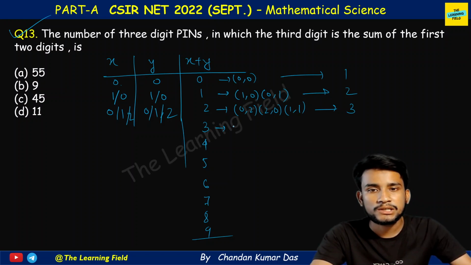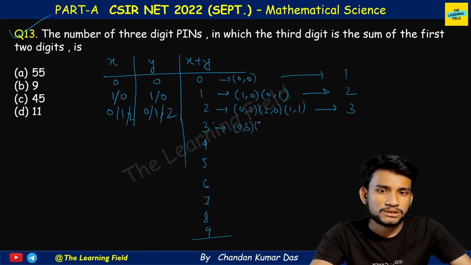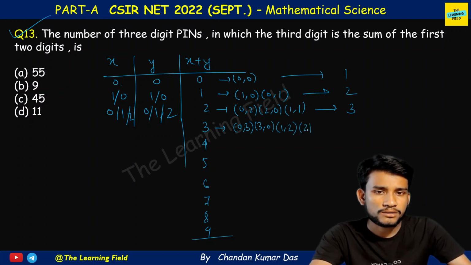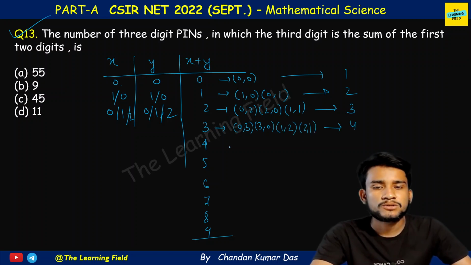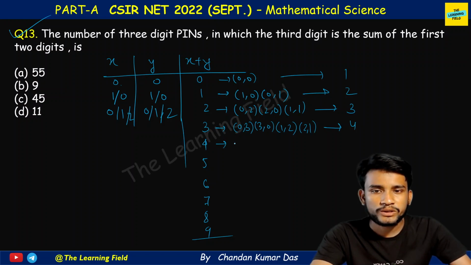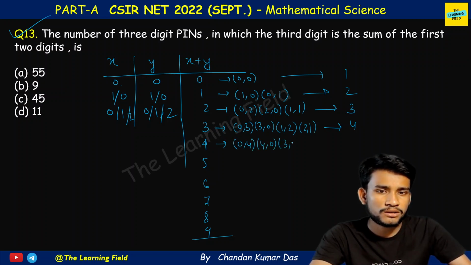Similarly for 3, we get 0 3, 3 0, 1 2, 2 1, so 4 possibilities. For 4, we get 0 4, 4 0, 3 1, 1 3, 2 2.